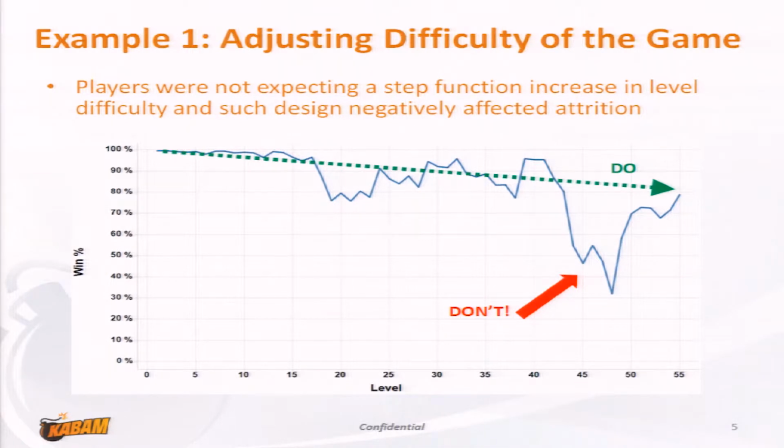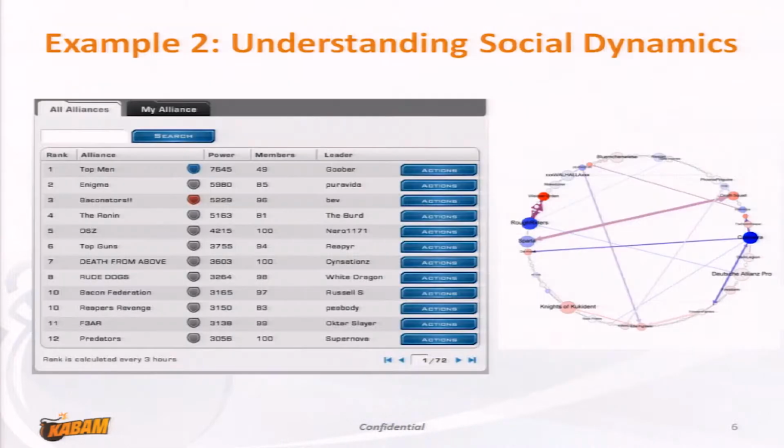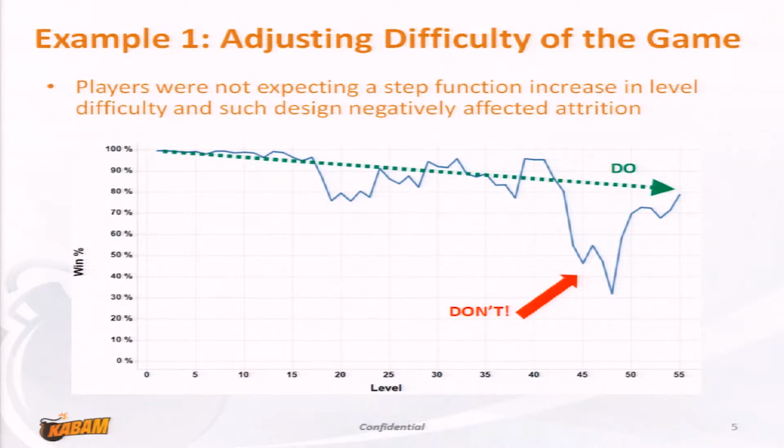The concept of progression is an essential one in our games. We want to know how our players are progressing in the game, and that's measured by the levels that they completed, which is shown on the x-axis here, and how easily and how fast they're doing that task, which is shown on the y-axis, represented as the percentage of them completing that task.